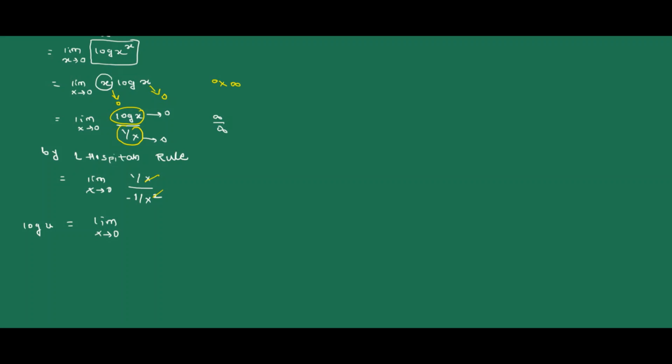So on simplifying, transpose the remaining terms to the numerator, you will get minus x. And if you put x is equal to 0, you will get 0 here. So log u is equal to 0. Transpose log to the right hand side, u is equal to e raised to 0, and e raised to 0 is 1, which is the required limit.